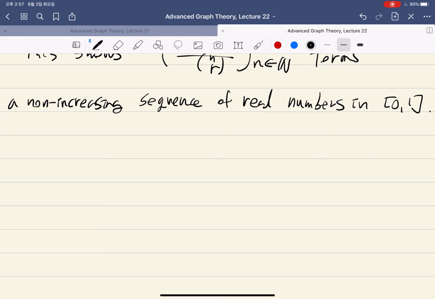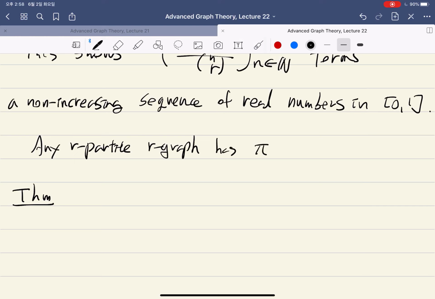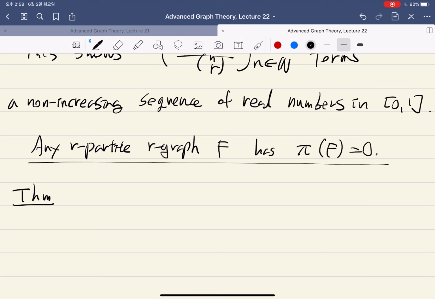But one of the things that Erdős proved is that any R-partite R-graph has Turan density 0. So, for example, if you consider a graph, then R is 2. Any bipartite graph has Turan density 0.